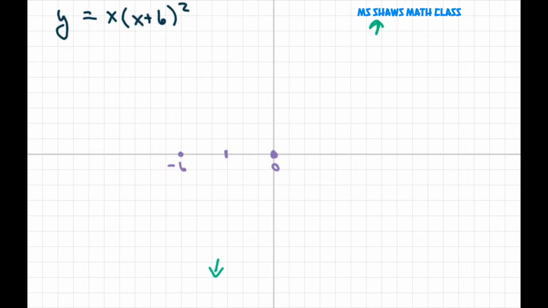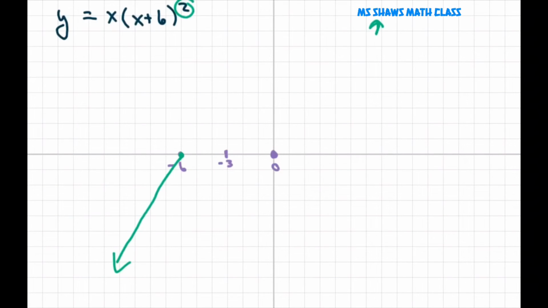If you want, you could plug in negative 3 and see where our max would be, but we're not going to worry about min and max on this video. So this is how it goes. Let's erase this. We're starting in quadrant 3, going to negative 6. At negative 6, we have an even multiplicity.